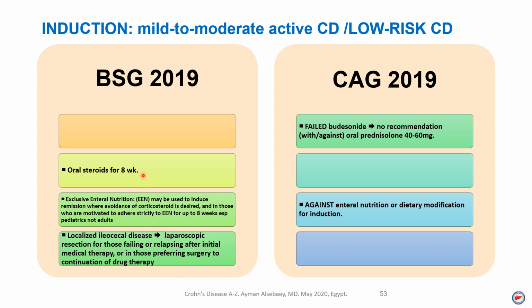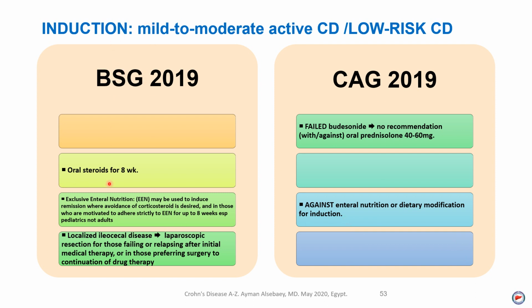In a pediatric patient, if the mother does not want to give her child drugs, you may try what is called exclusive enteral nutrition. It is a type of nutrition which may cause remission in patients with Crohn's disease, especially in children, but the Canadian Association was against this.